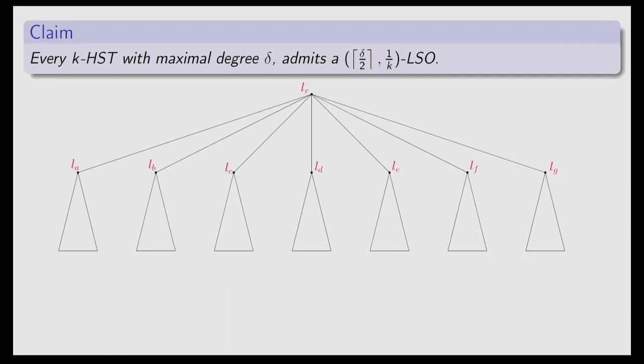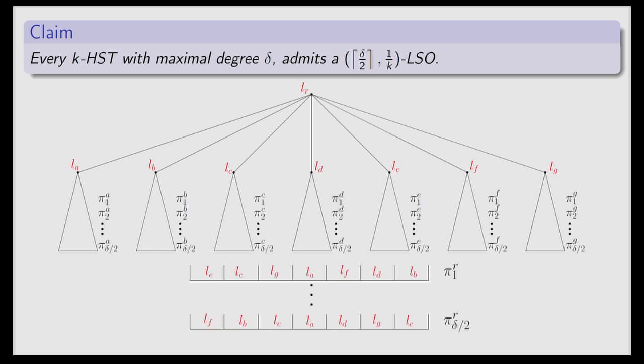The construction is quite simple and recursive. Consider your HST, and this is the root with label LR, and it has at most delta children with labels LA, LB, and so on. The first step, by induction, is to construct these half delta LSOs for each one of the children. So these are the LSOs.